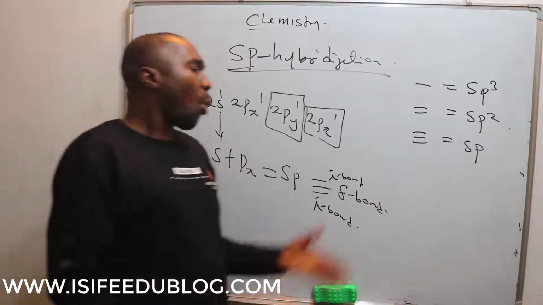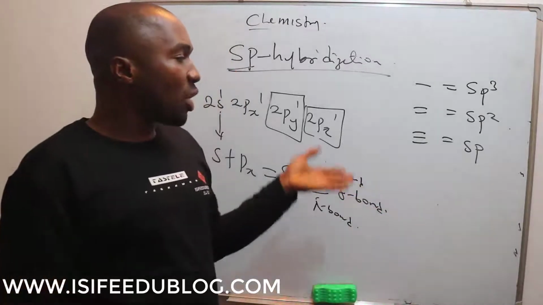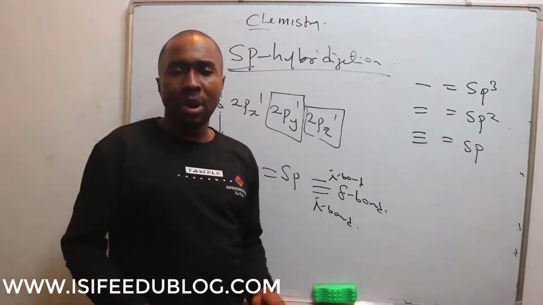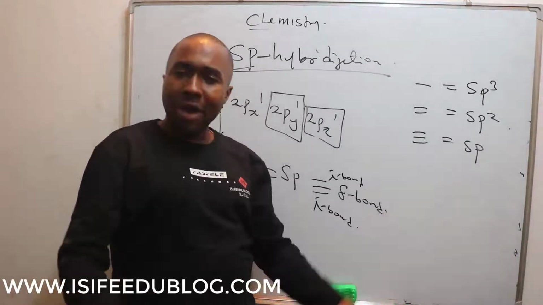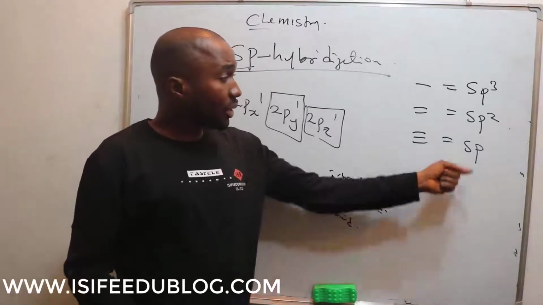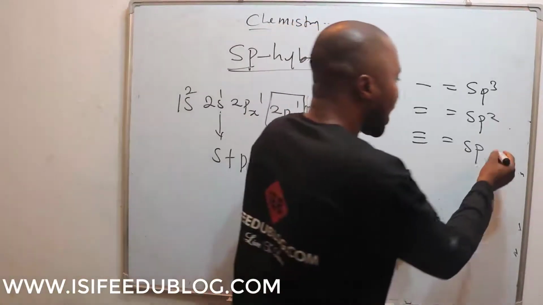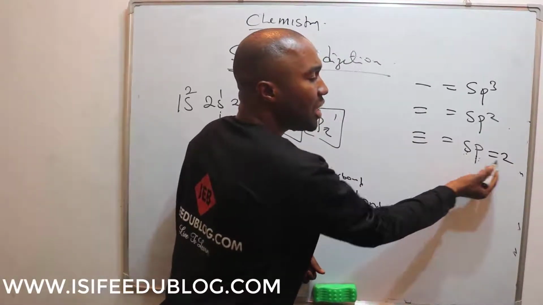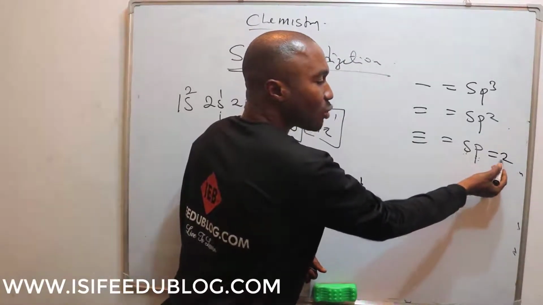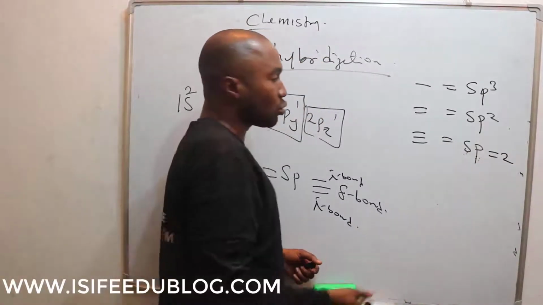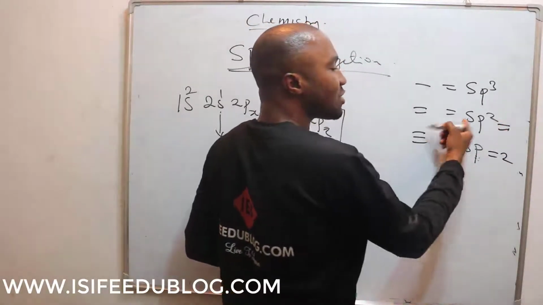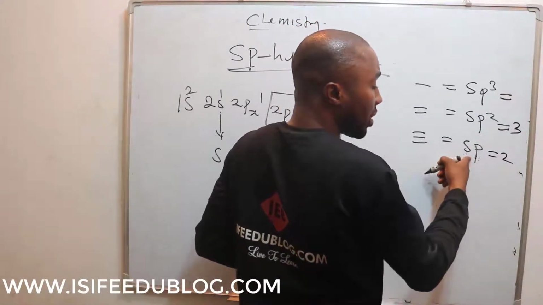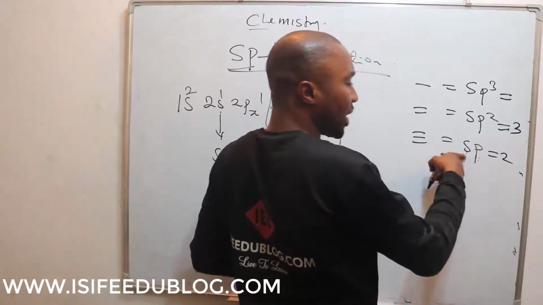So one of the ways you can identify that a compound is undergoing SP hybridization is by the number of the bond there. Apart from the number of the bond, another way you can know is the number of attachments to the central atom. If the number of attachments to the central atom is 2, in the sense that we only have 2 things combining, 1s and 1p, it means the compound is undergoing SP.